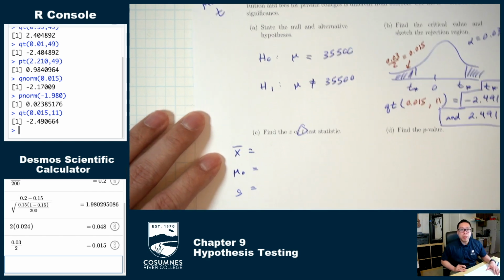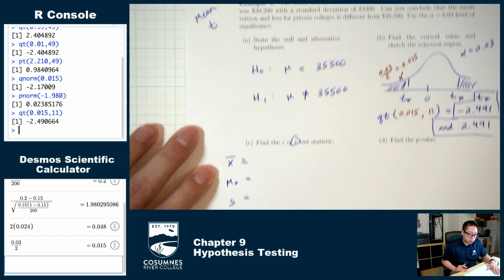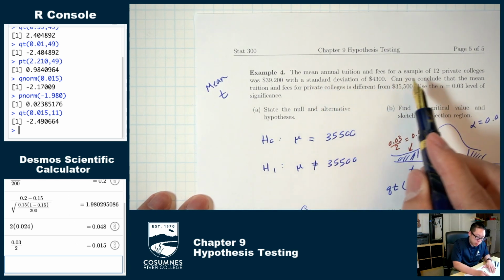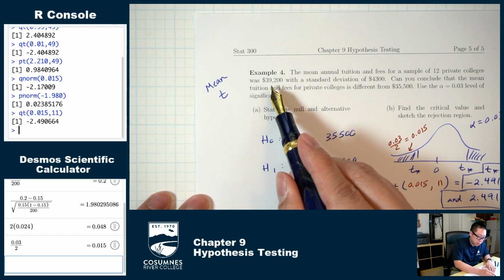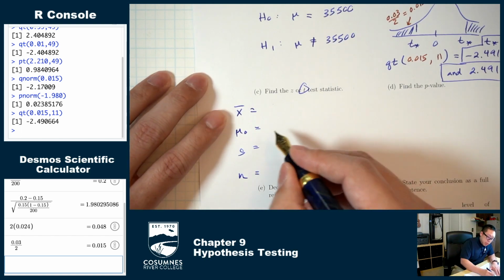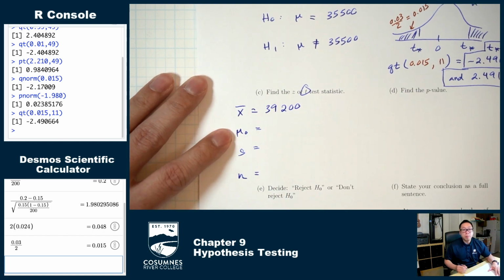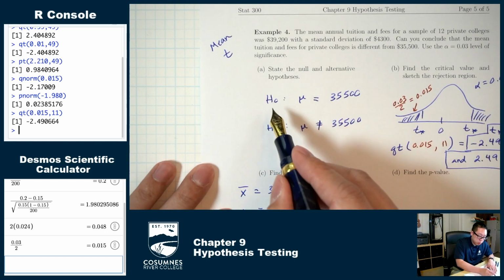X bar is the mean from your sample. So from our sample, what was the mean? The mean for a sample of 12 colleges was 39,200. So x bar is 39,200. Mu 0 refers to H0, so it's the mean that you use in H0. Here's H0.